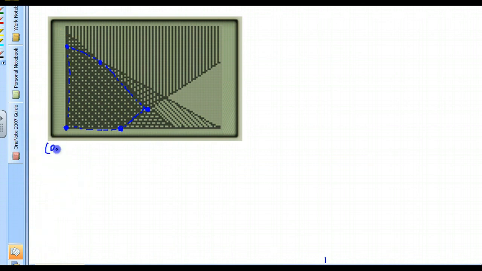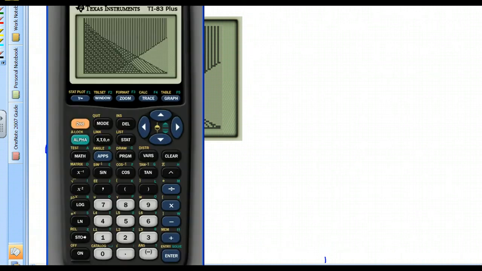Now I can find this one. This one's pretty easy. This one's 0, 0. But we need to know which line is which. So go back to your calculator, hit the trace button, and notice that it still tells you which line you're on. So I can scroll back and forth. This is the line y equals x minus 7.